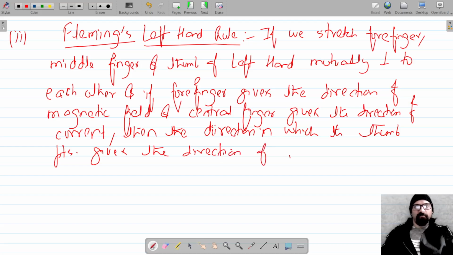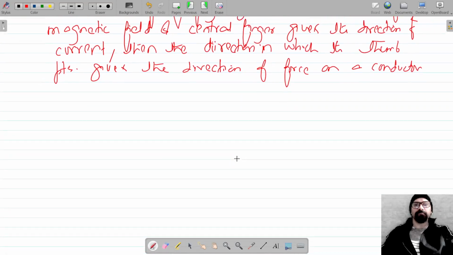The thumb gives the direction of force on a conductor or the motion of the conductor.